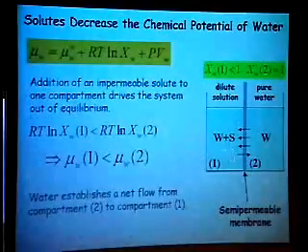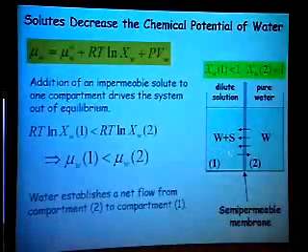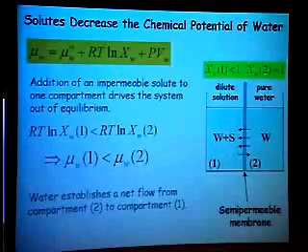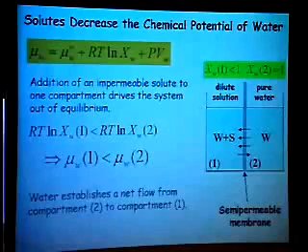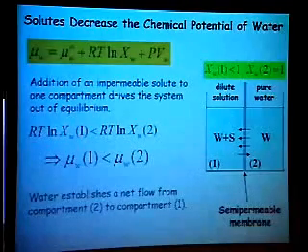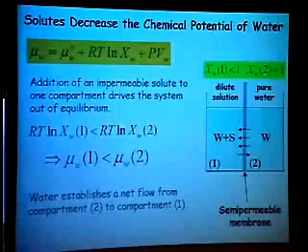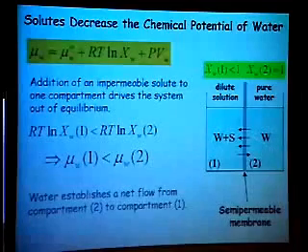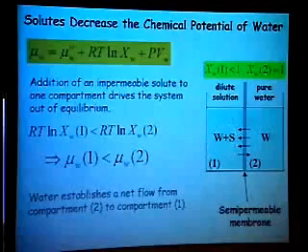Now let's add some salt to compartment 1. And the moment you do this, basically the molar fraction in this compartment becomes smaller, and therefore this term becomes negative. This term stays 0, and therefore chemical potential of water changes in these two compartments. Now we have a lower chemical potential, a better situation for water in compartment 1 because we have added some salts.